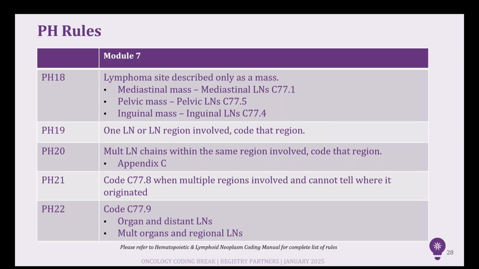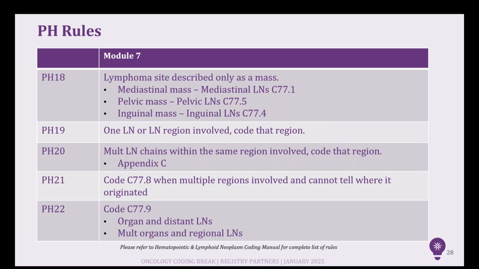PH20 provides instructions for situations when multiple lymph node chains within the same region are involved. And if you're unsure whether the chains are in the same region or not, Appendix C in the heme manual is a very helpful resource. So if you haven't visited Appendix C, make that your homework tonight to review it and look at the wonderful information that's there.